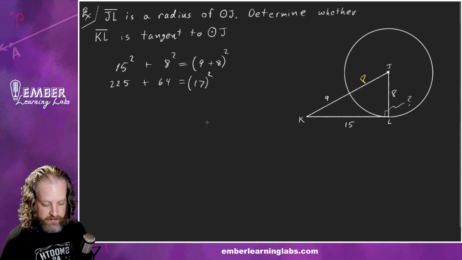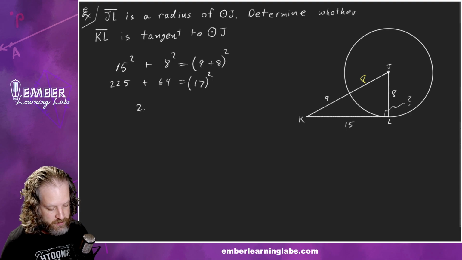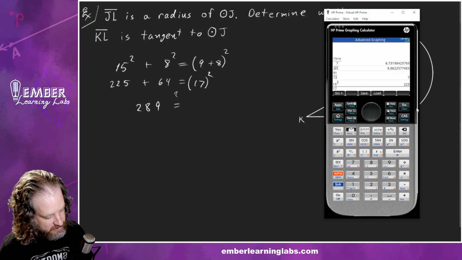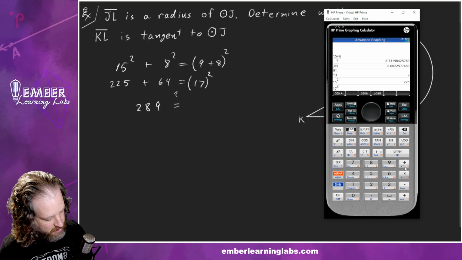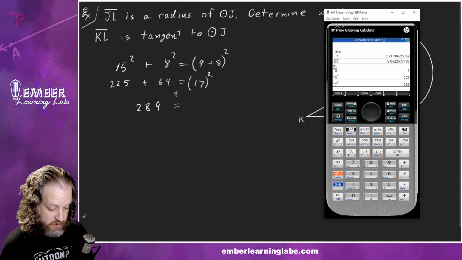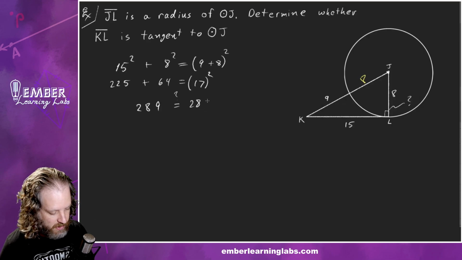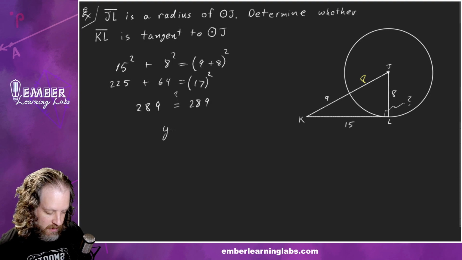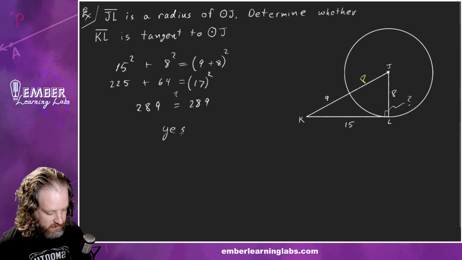So 225 plus 64 is 289. What does 17 squared equal? 17 squared, enter, 289. So, yes, it is tangent.